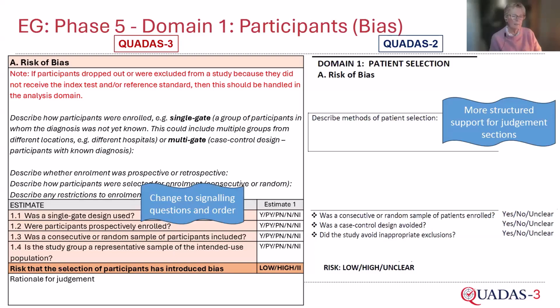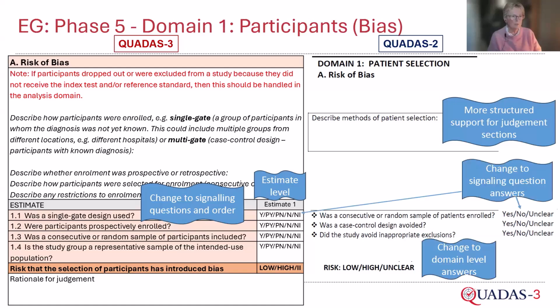There are changes to some signalling questions and the order in which we ask signalling questions, which Sue and Bada will go over in their sections. You'll see that we're assessing risk of bias and applicability at the estimate level rather than the study level. So in this example here, there's only one estimate, but there may be more than one estimate in each study.